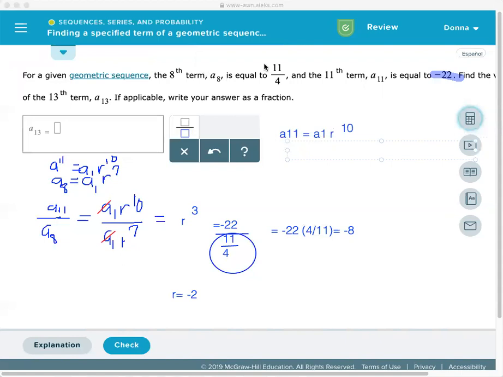Let me just move this over a little bit so it lines up. So I have minus 22 is equal to A1, which we don't know, times negative 2 to the 10th power. And then when I divide both sides by negative 2 to the 10th, I will be able to solve for A1.